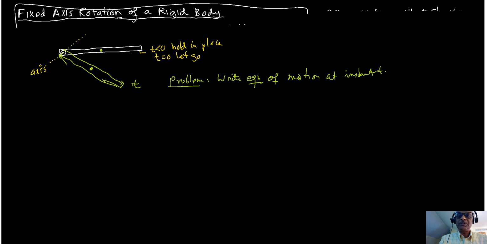So the first thing to do is really look at the external forces. This guy has a mass m, so this is mg, and it acts at the center. This is one of the external forces. Of course this thing is not falling down, so there must be some force here to balance it, right?